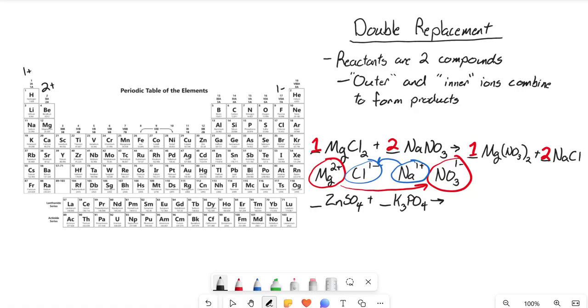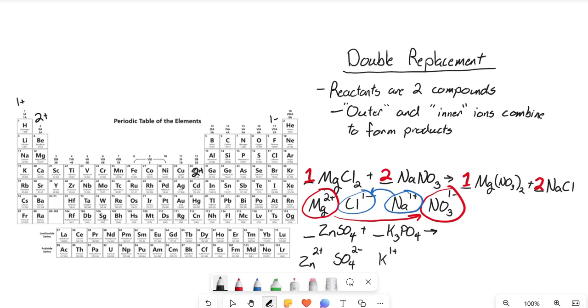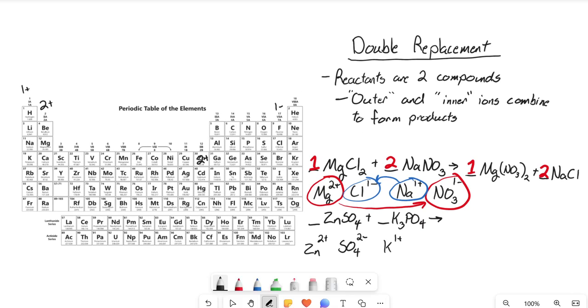For example, in my second one here, I can take zinc at a 2 plus, because zinc is always a 2 plus, sulfate at a 2 minus, which, by the way, is the first time that we really can use polyatomic ions all that much, so be on the lookout for those. Potassium at its 1 plus, and then phosphate at its 3 minus.